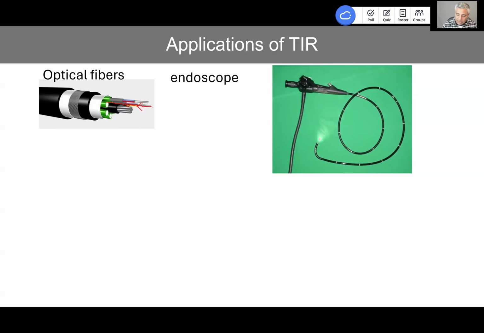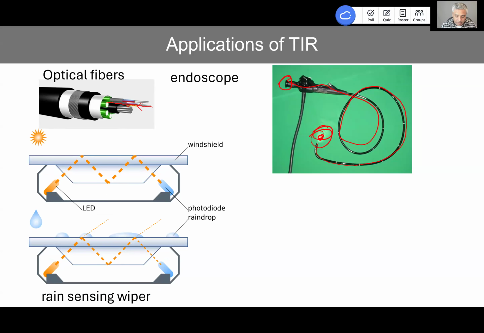And the endoscope they put inside your body has a light in the tip, because inside the body, of course, we don't have light, so we cannot see it. But once we insert this tube with the light, it lights up our body organ, and then the light is totally internally reflected here, and then you can see it from there. Okay, and some of your cars might have this rain sensing wiper.